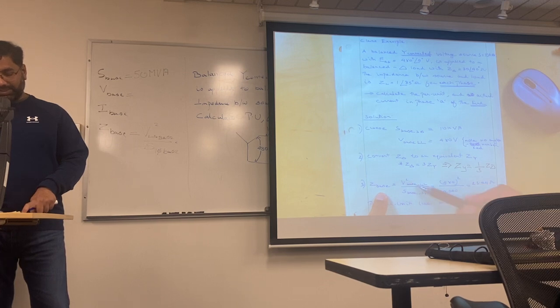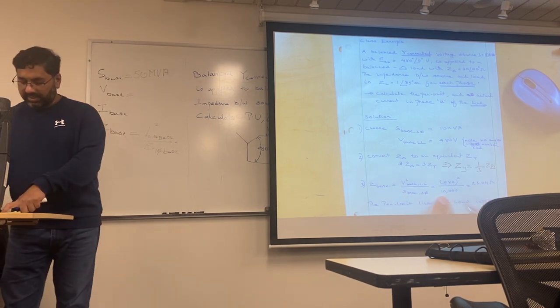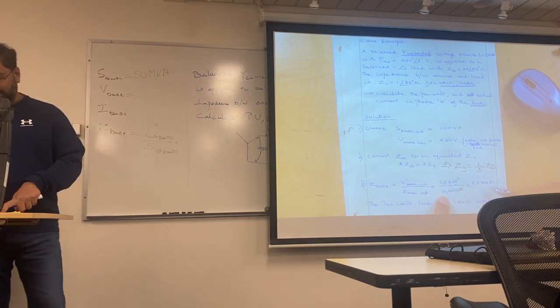V base squared, line to line, divided by S base, 3 phase. Keep in mind we are in a 3-phase system. So 480 volts, no angle here, squared, divided by 10,000 VA, and that leads me to 23.04 ohms.